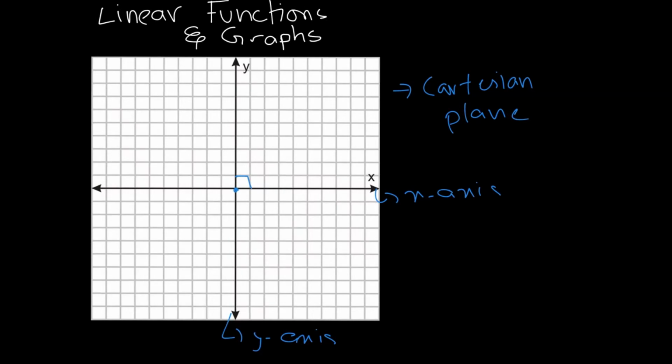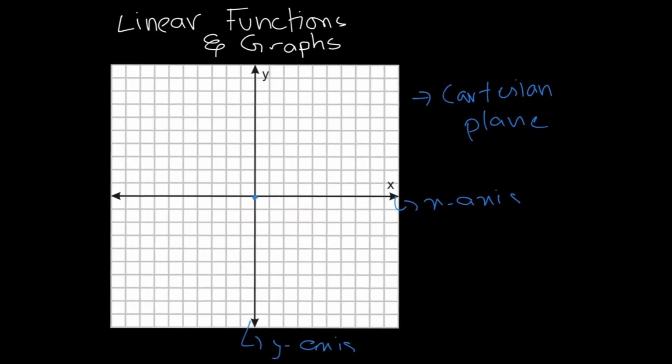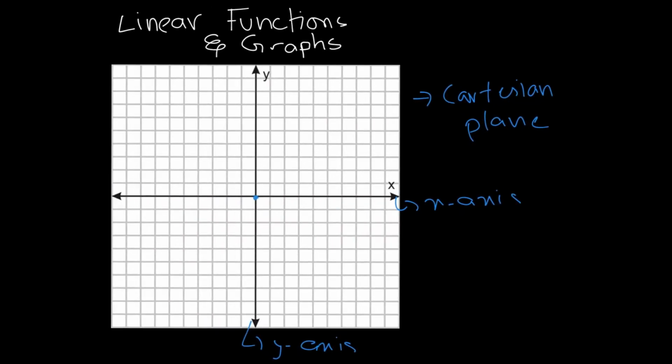Now let me just erase this. Okay, so you can number these axes according to your own need. So basically you scale them. Let's say my scale for the x-axis is 2 centimeters to represent 1 unit, right? By that I mean each block will differ by 2 centimeters.